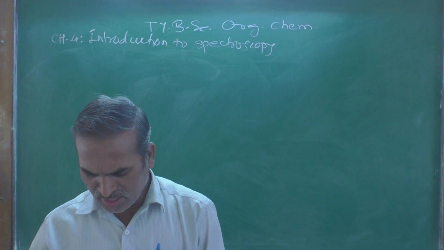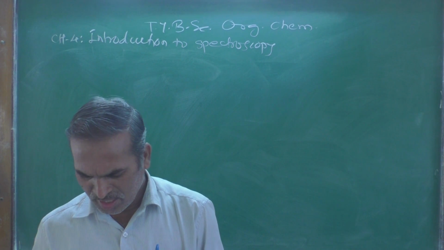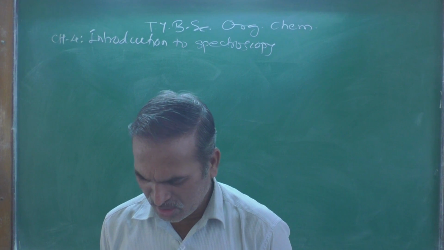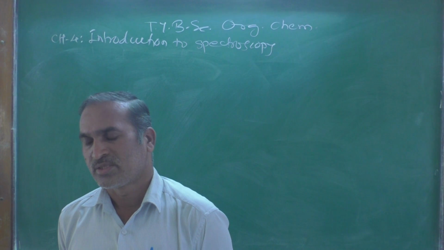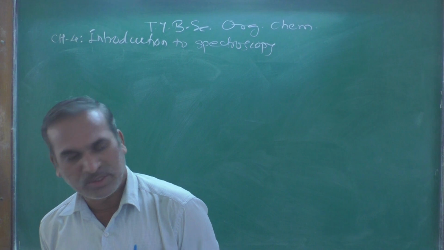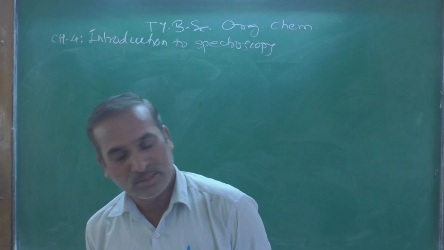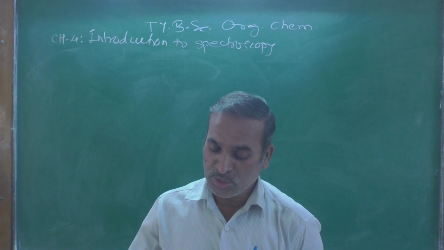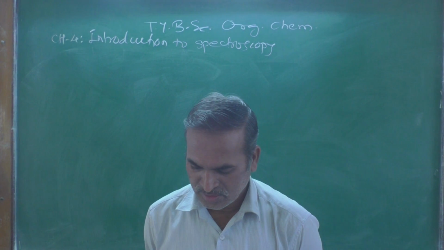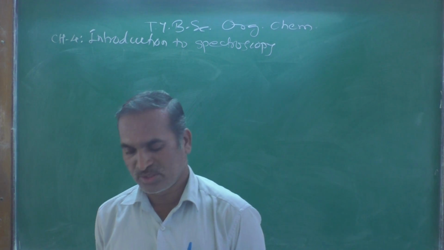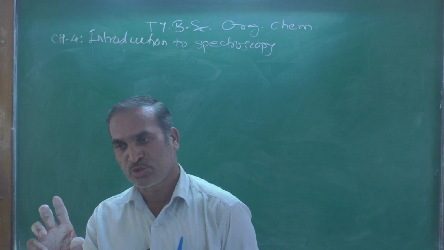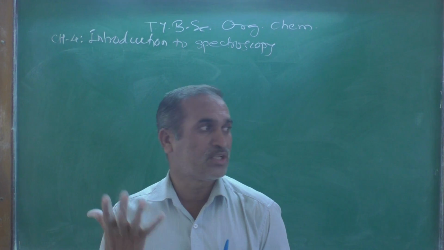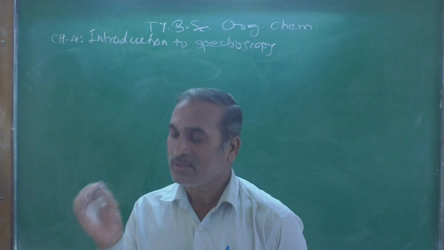Write the name of the radiation used and the nature of excitation in IR and PMR spectroscopy. PMR spectroscopy we haven't studied yet, but in the introductory part there is only a 1 mark question, so you have to write a short but sweet, precise answer, then you will get the 1 mark.